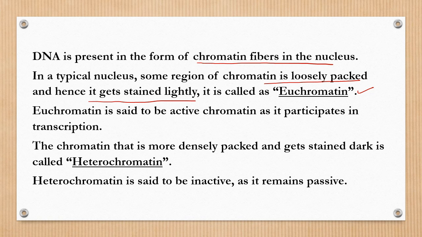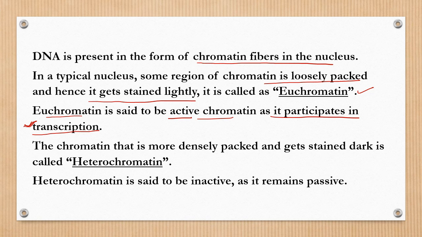That region is called euchromatin. Euchromatin is said to be active chromatin as it participates in the transcription process. We will learn this definition in further concepts. Euchromatin is active because it participates in transcription, copying the information from DNA onto RNA.